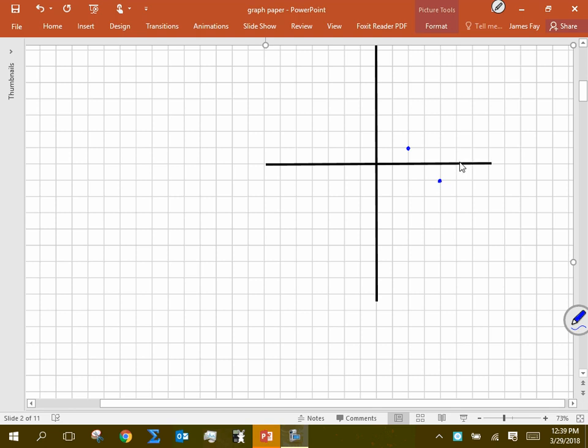And let's go 5, 3 for C. All right, so we're going to start with that as our pre-image.